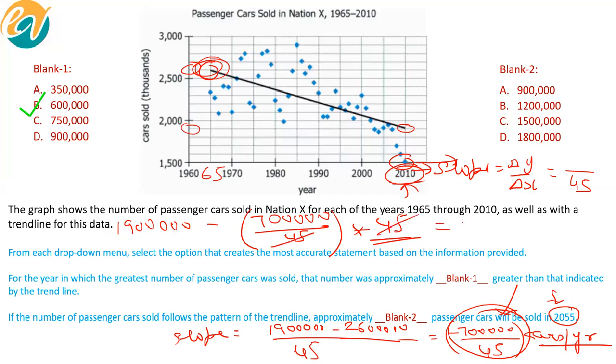So then we are left with basically 1,900,000 minus 700,000. So that's 1,200,000. Yes, 1,200,000. So straight application of slope. Any doubt, guys?